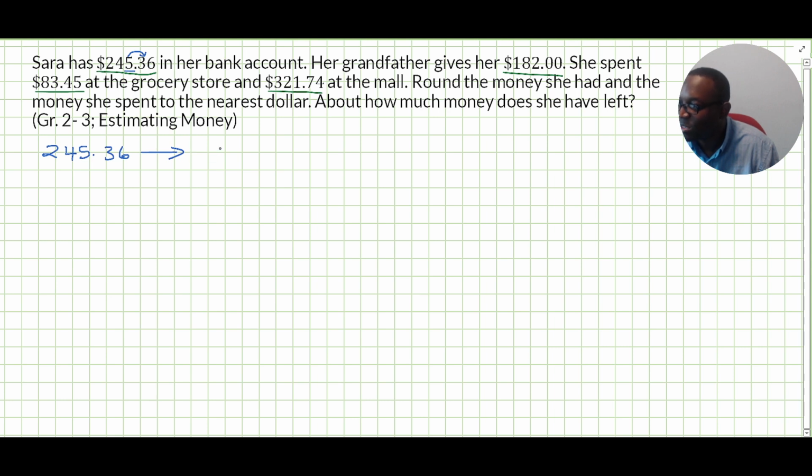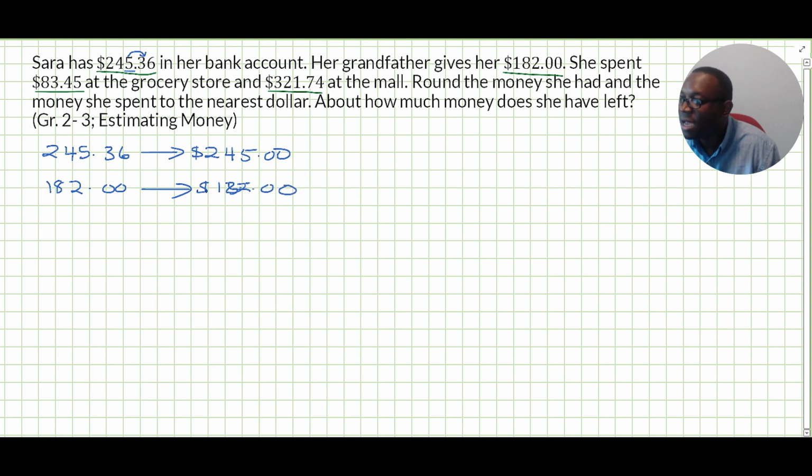So $245.36 to the nearest dollar is going to give us $245. And then $182 to the nearest dollar: we don't have to do anything there because it's already $182 with no cents.